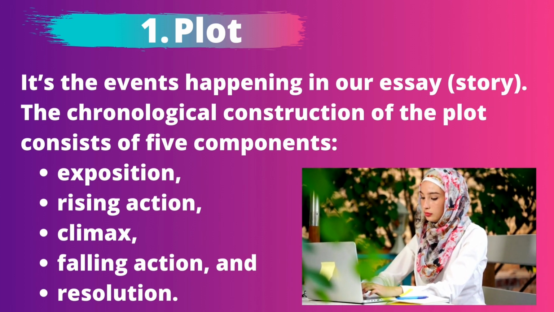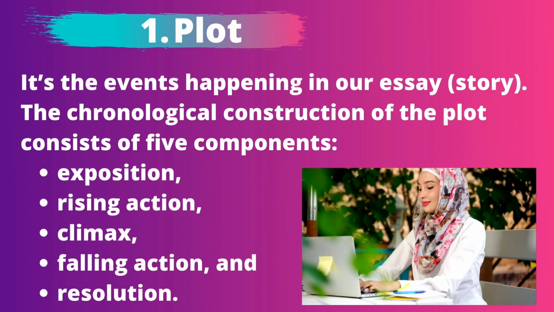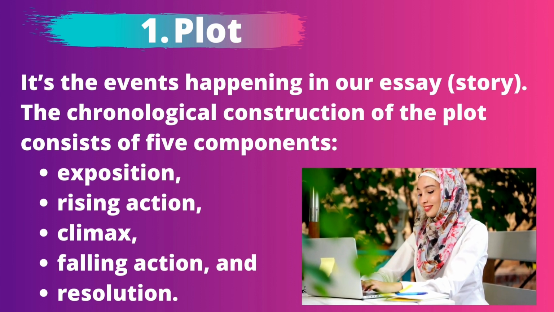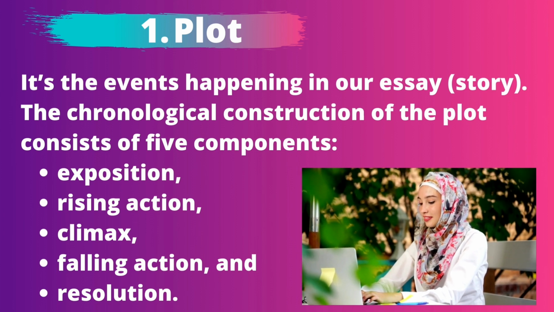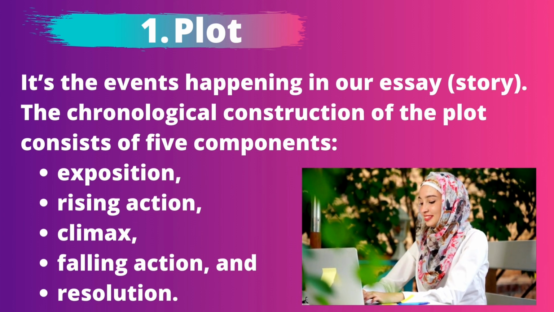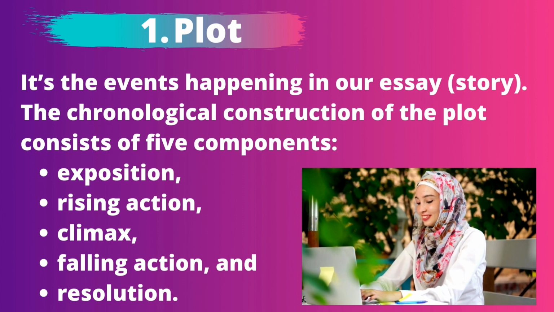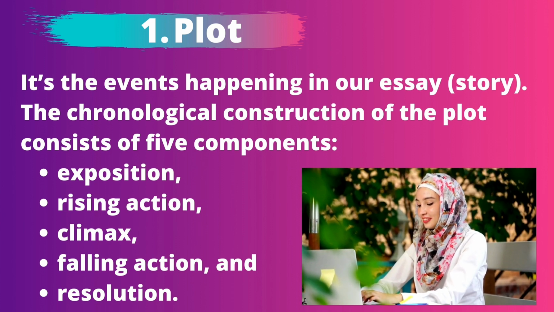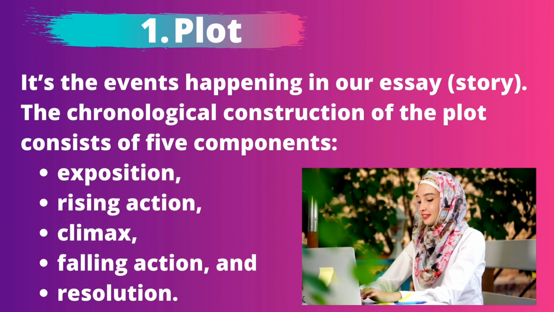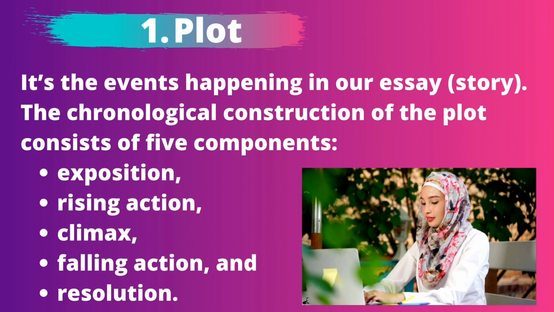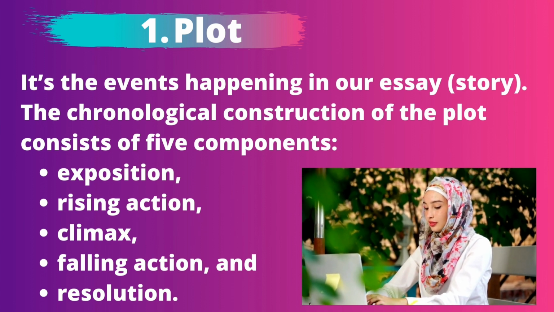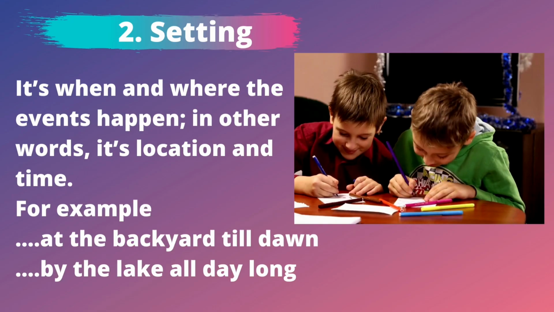So the chronological construction of the plot consists of 5 components. First, exposition, and then rising action, then climax, which is the peak, falling action, and resolution. So we lay out the plot of the story using these 5 components.